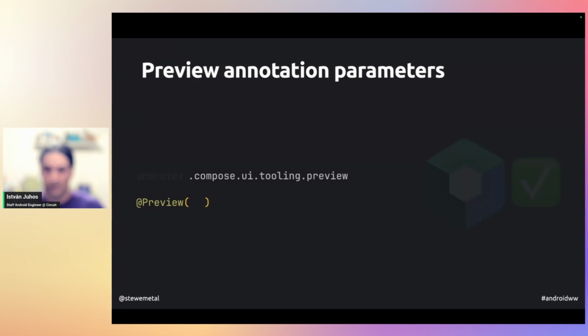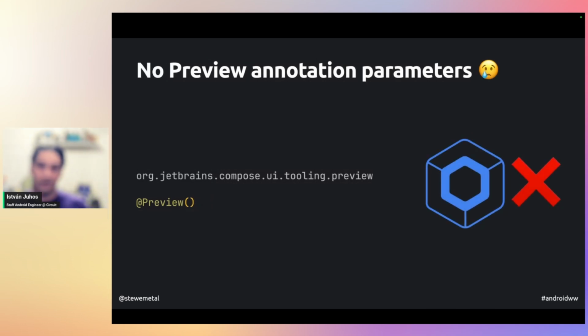Great. Unfortunately, it's not the case with Compose Multiplatform. The preview annotation coming from the JetBrains Compose UI tooling preview package doesn't have any parameters implemented yet. And because of that, of course, Fleet is not able to parse any of those parameters anyway. So yeah, this is the case currently. Hopefully that will change in the future.